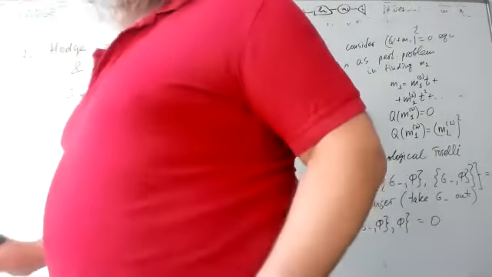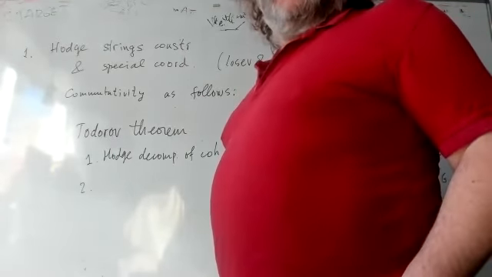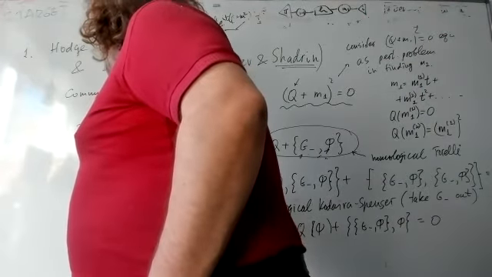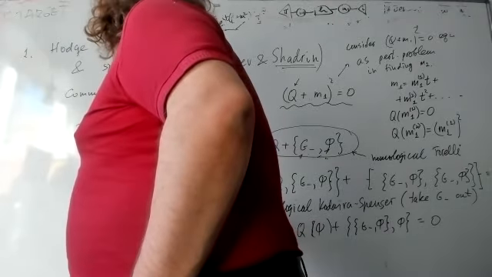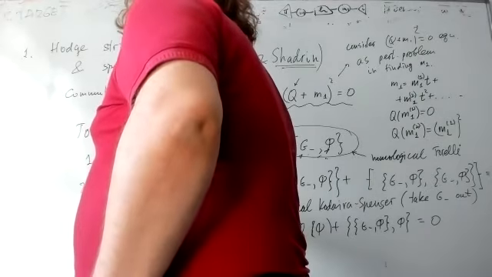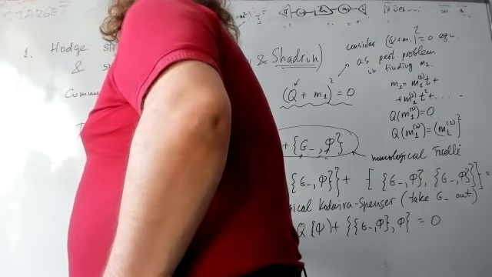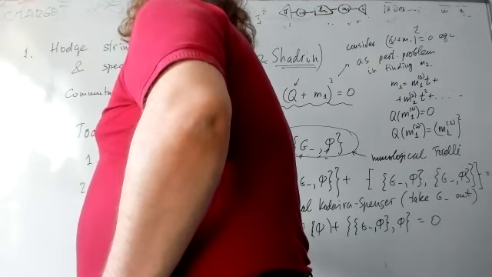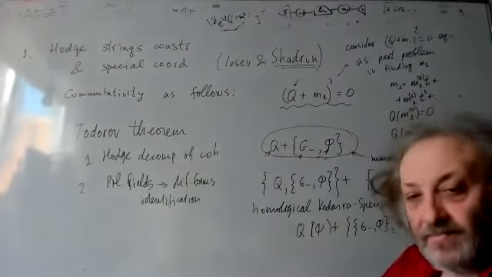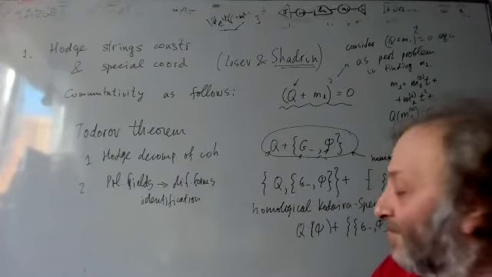And second is what Kyoji would be happy to hear, primitive form, or actually polyvector fields, differential forms, correspondence, not correspondence, identification. So if you have this, you can prove that there is no obstruction.